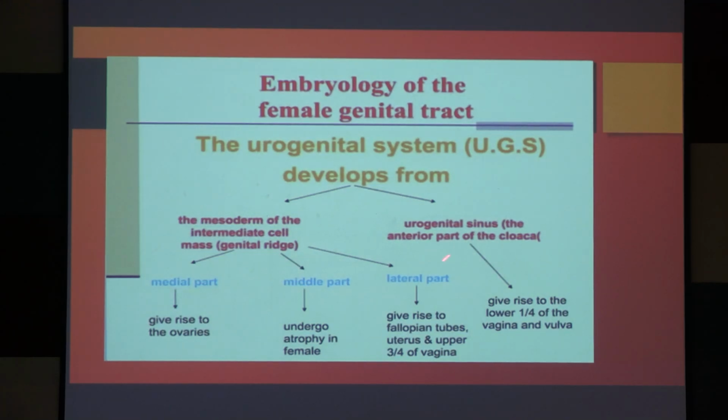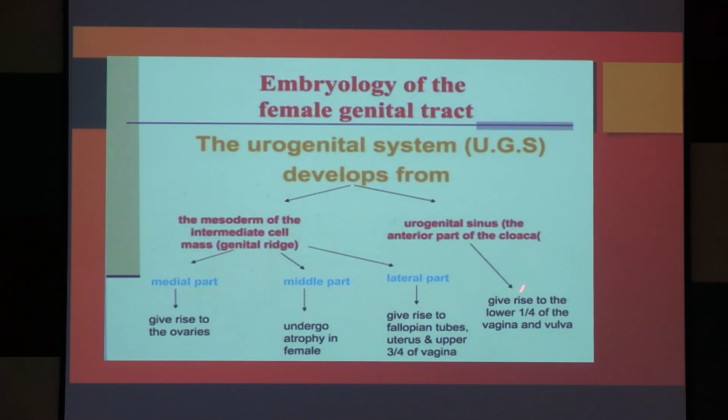Urogenital sinus means the anterior part of the cloaca, from which the vestibule and part of the vagina develop. In the mesoderm of the intermediate cell mass, the thickening is called the genital ridge, from which the medial part gives rise to the ovaries and the lateral part gives rise to the fallopian tubes, uterus, and upper 3/4 of the vagina. So the upper 3/4 of the vagina develops from the paramesonephric duct.